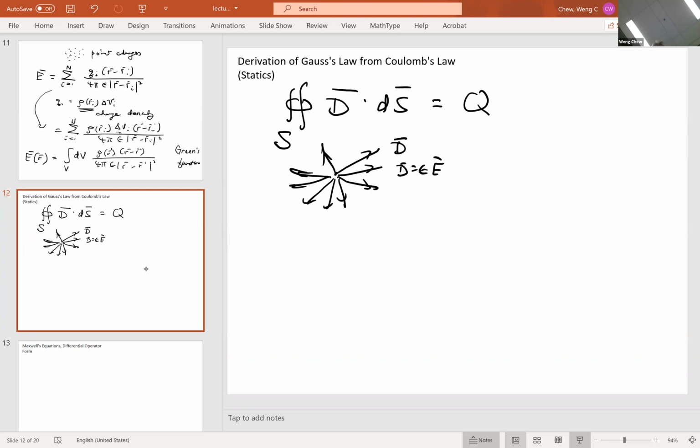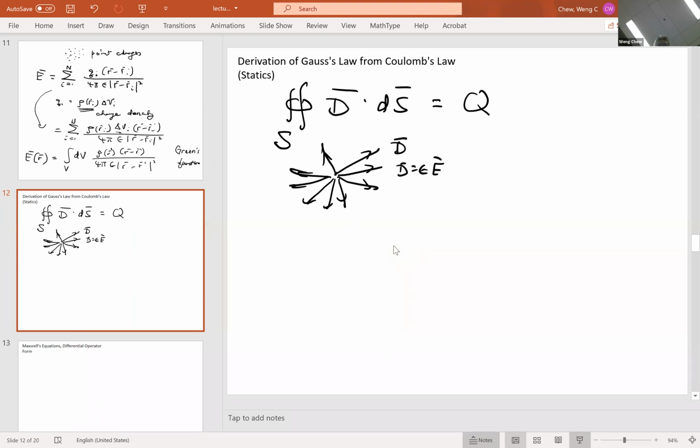So if the flux looks something like this, which we showed earlier on, the electric field looks something like this. D and E are related. So if you have a point charge, it gives rise to electric flux like that.